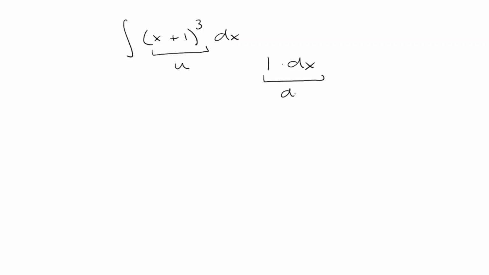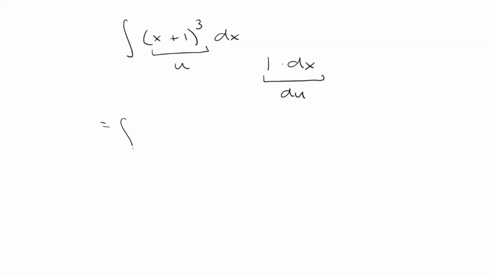Now, let's say we've got something like the integral of x plus 1 cubed dx. So straight away, we're going to term this as u, and the derivative of that is 1. So we need 1 dx in order to make that du. So how can we do that?